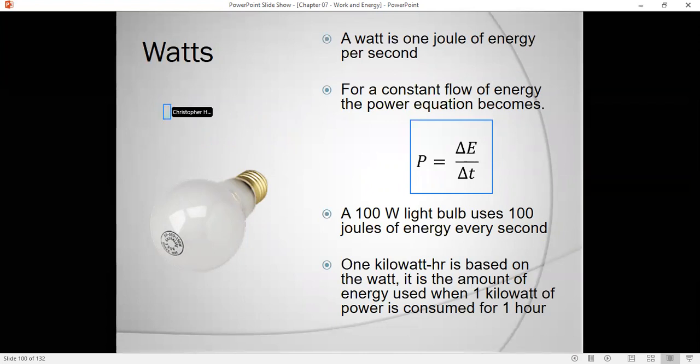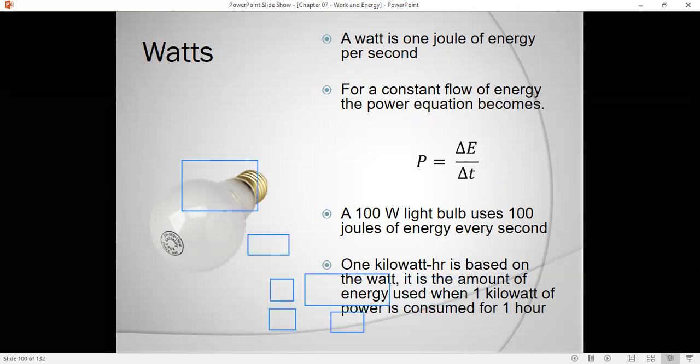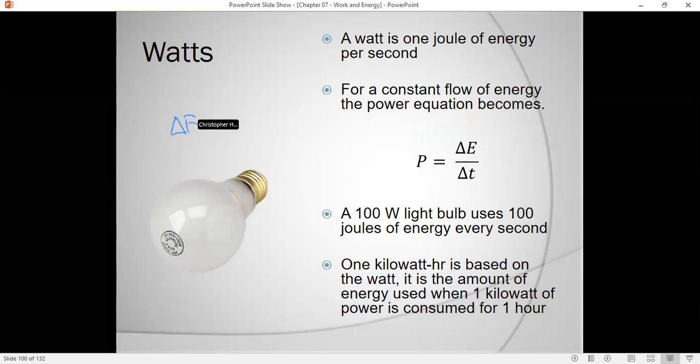Let me just clear these out. We would say that delta E, the amount of energy, is equal to power times the amount of time, okay?